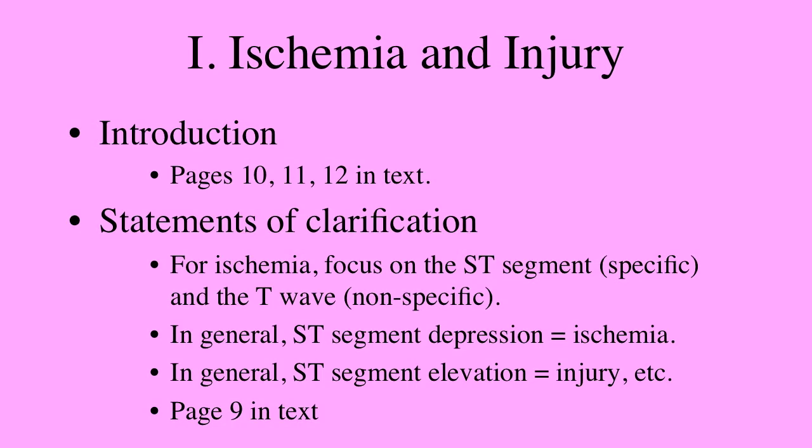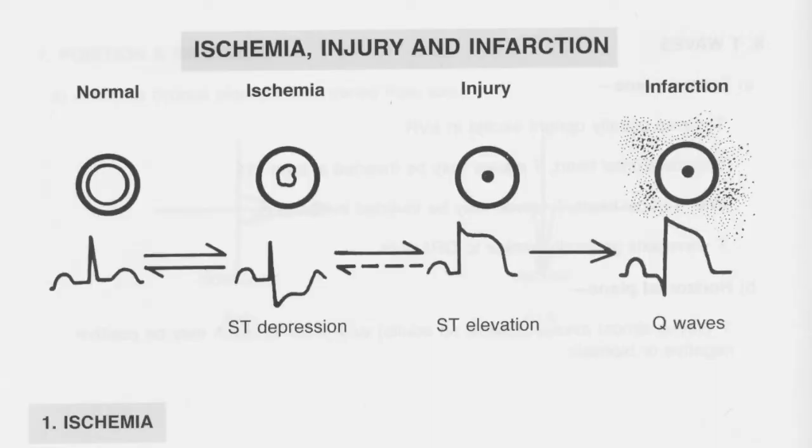As an introduction, if you look through the small text, pages 10, 11, and 12, at the top the author is showing a coronary artery vessel, open on the far left, and then blocked with atherosclerosis, which causes ischemia, or lack of oxygen to the heart. And then he's showing injury, and then finally infarction.